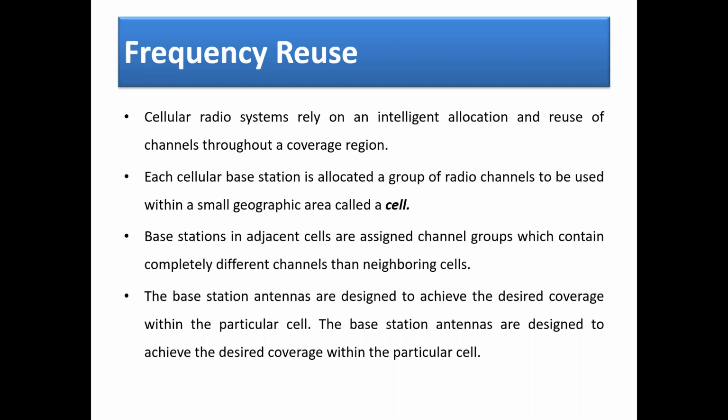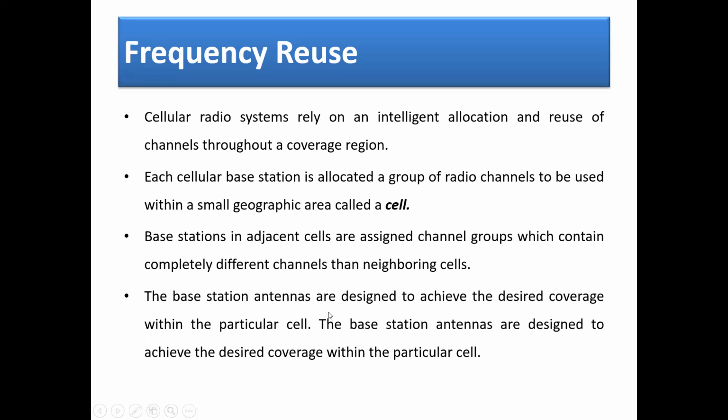We said that we have 7 cells, and cell A is assigned, for example, group 1, cell B is assigned group 2, so there is no interference between the adjacent cells or neighboring cells.